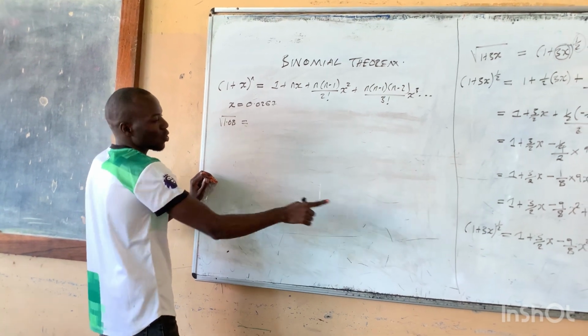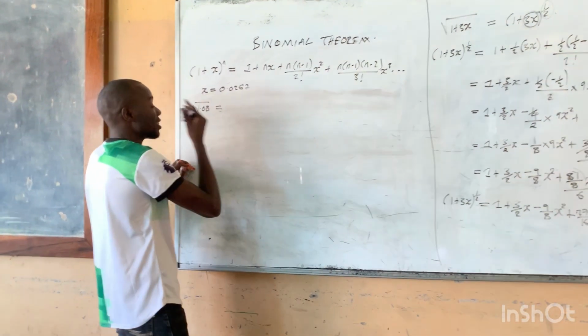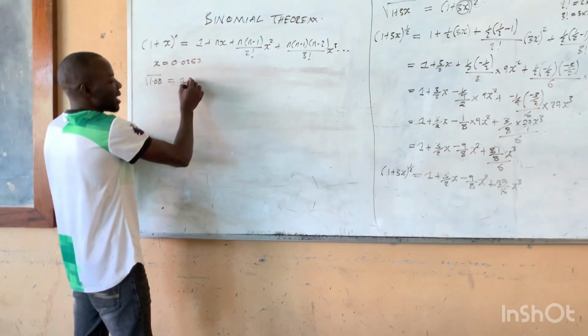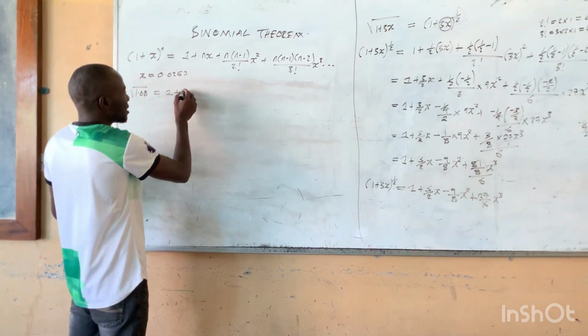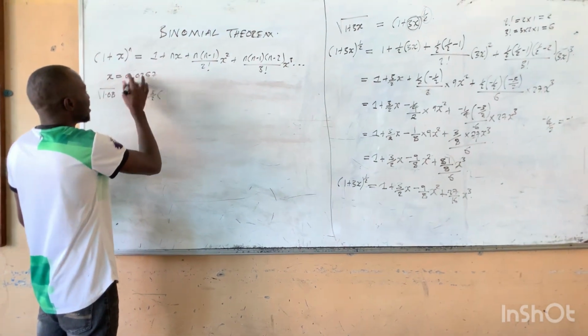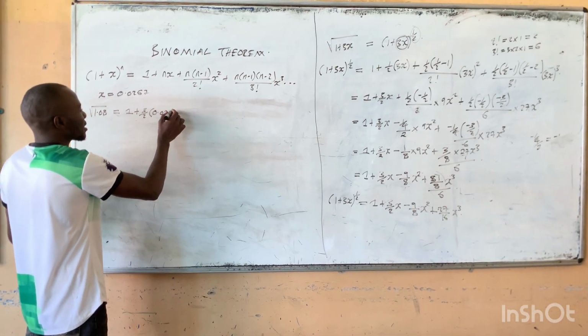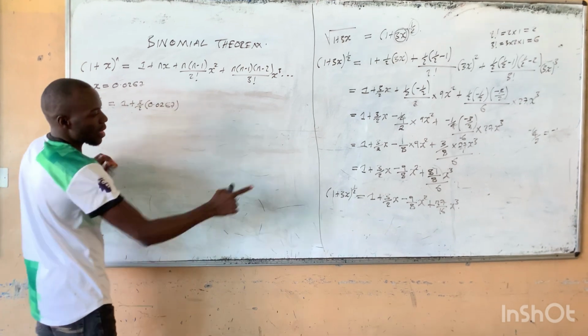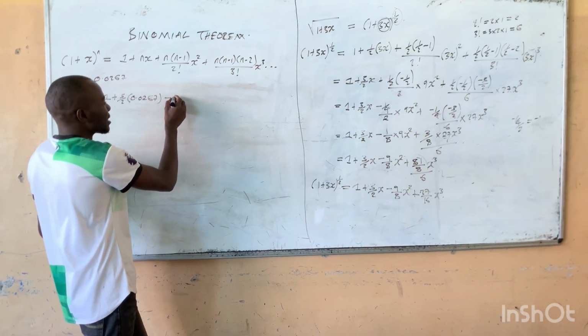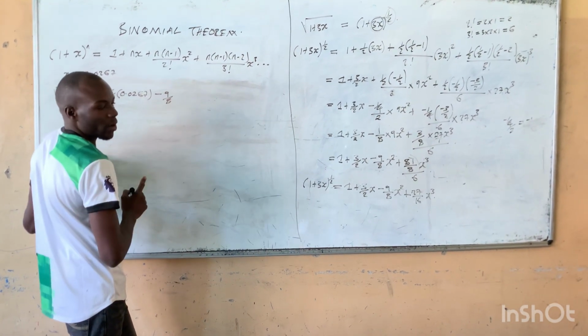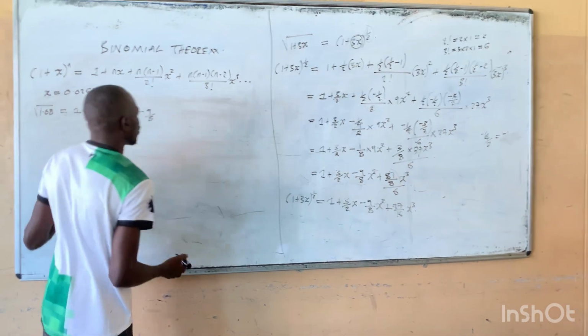1.08 would be equal to, we are going to substitute. So we'll start with 1, plus where there is x, so that is 3 over 2. Where there is x, we are putting now 0.0267. We are going to the next one, which is minus 9 over 8. We are substituting that expression there.